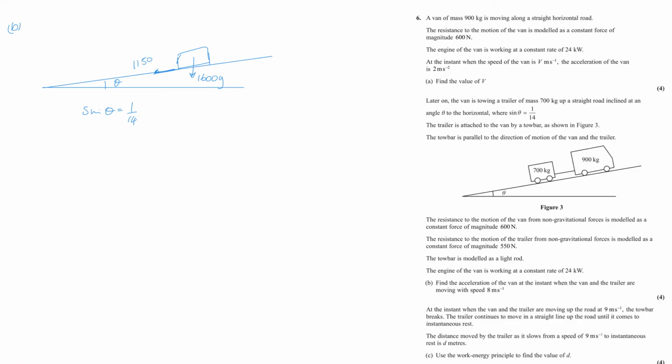Now the engine is still making 24 kilowatts of power, and the speed is 8 meters per second, and we've got to find out what A is at that point, and then that's going to be my F going up the hill.